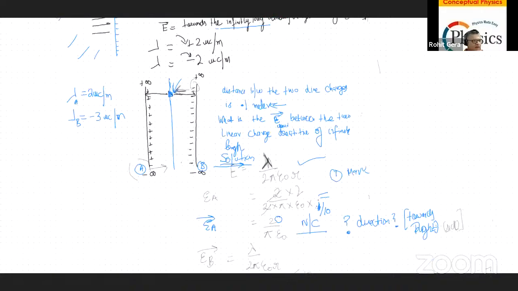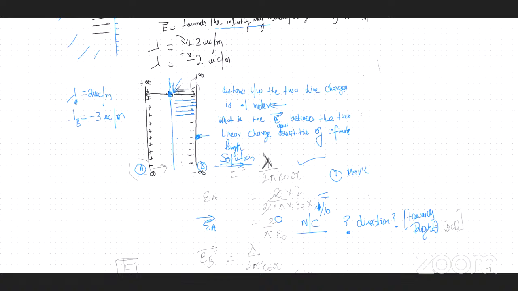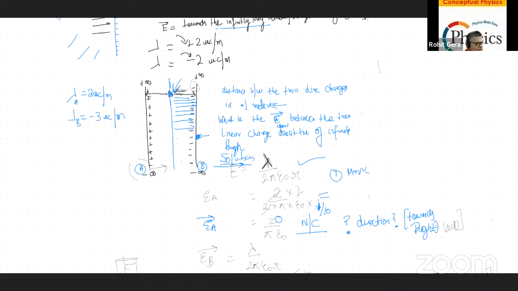If I were sitting on your negative charge, I will see the electric field coming towards me. That means I will see it coming like this. But from the negative charge, is it still going towards the right side?